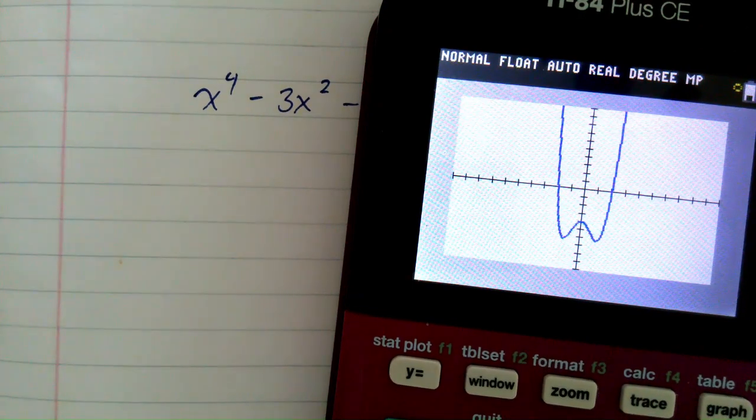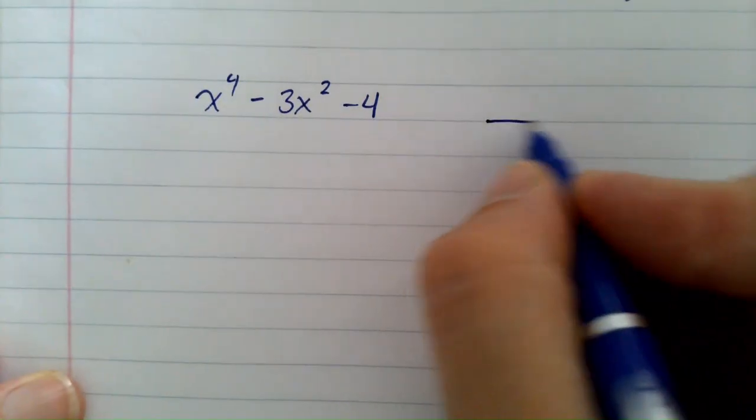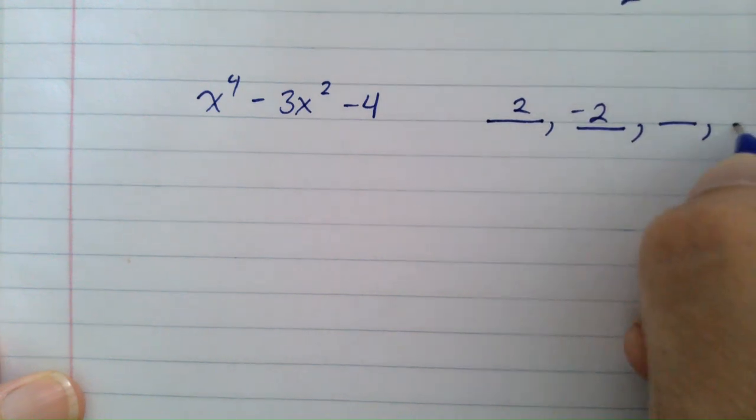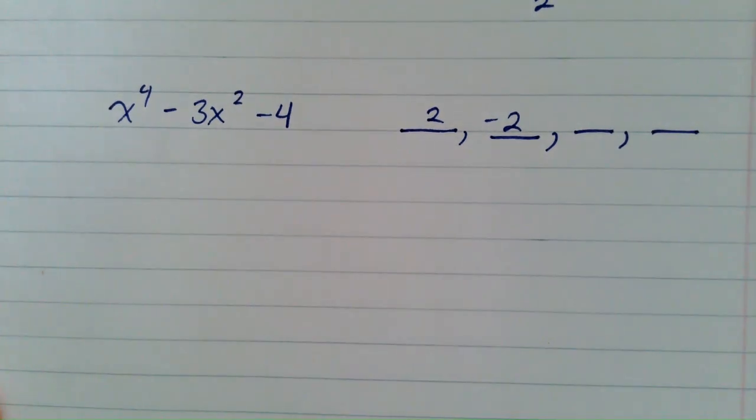Okay, this made that W, which I'm kind of expecting because it's an x to the 4th graph. I see 3 turns, and I see that it crosses at positive 2 and negative 2. Okay, so my other 2 answers are going to be some kind of imaginary answer.